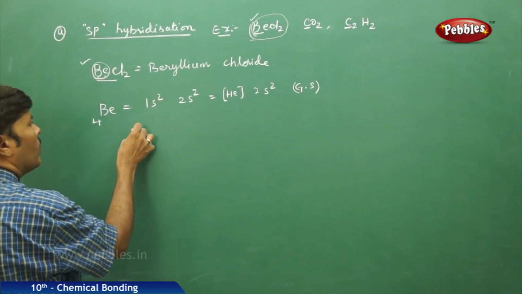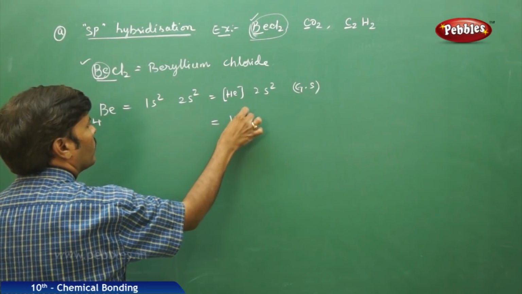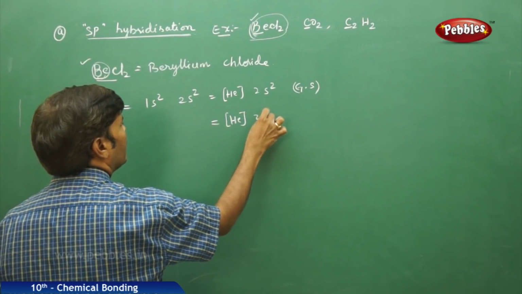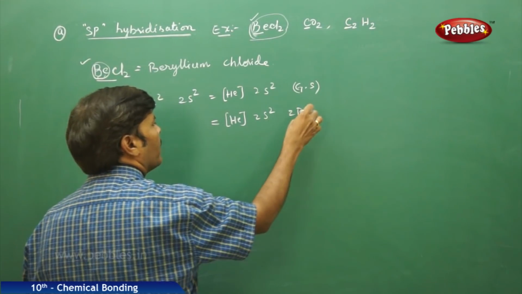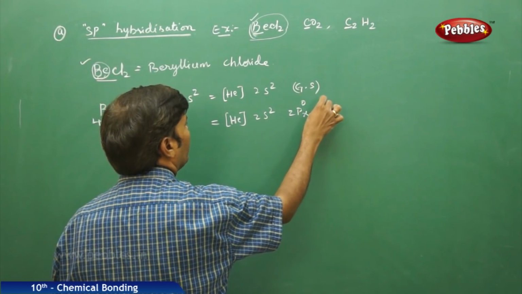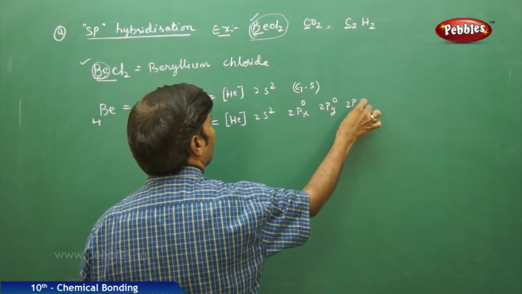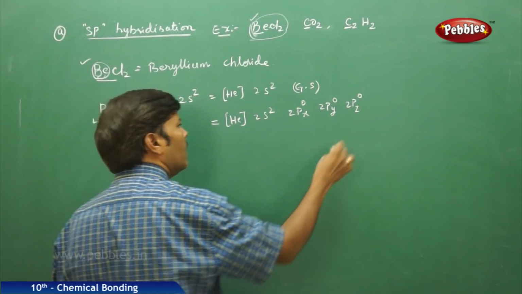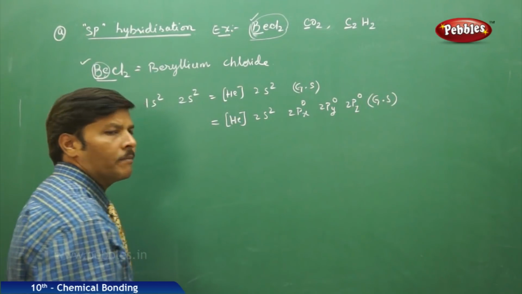Now you have to convert this configuration from ground state to excited state configuration. So helium of 2s2 of 2px0, 2py0, 2pz0 is still the ground state electronic configuration only.